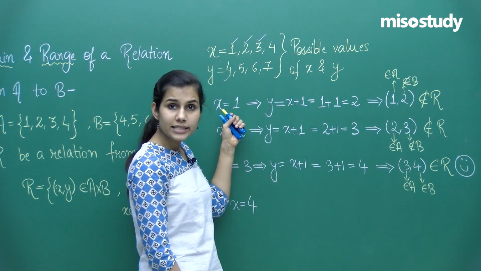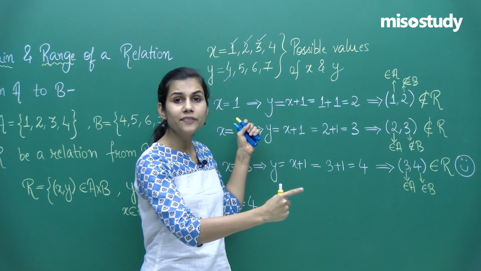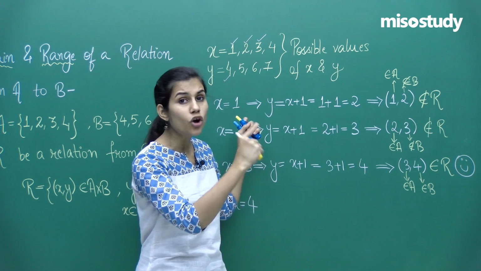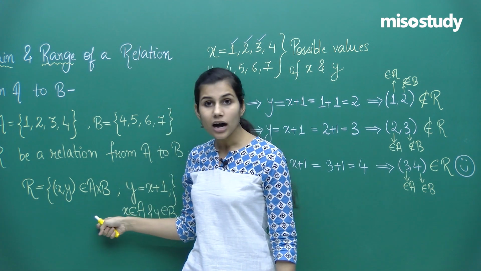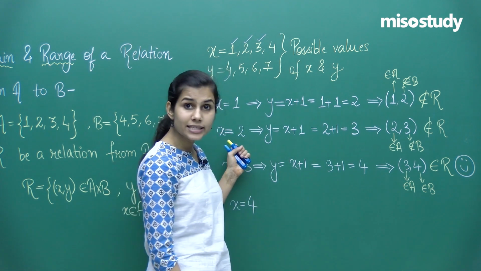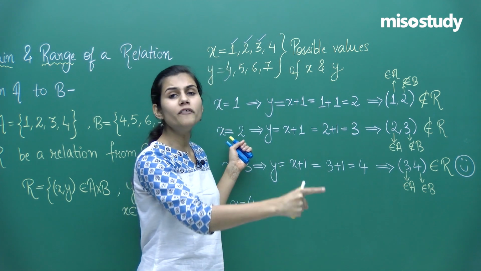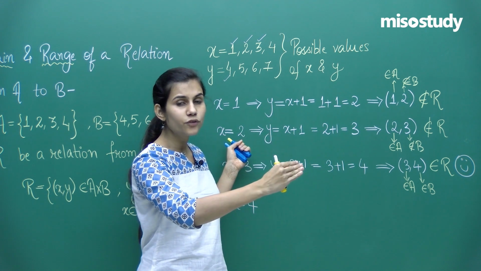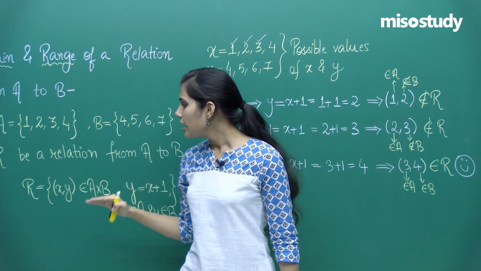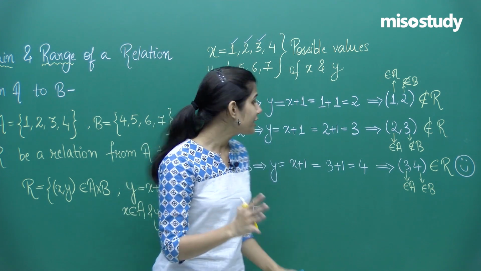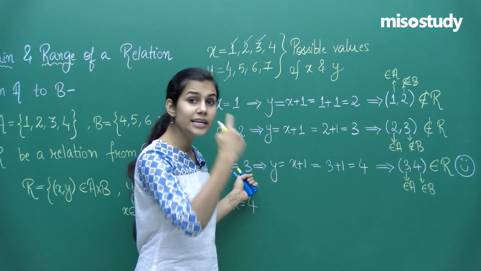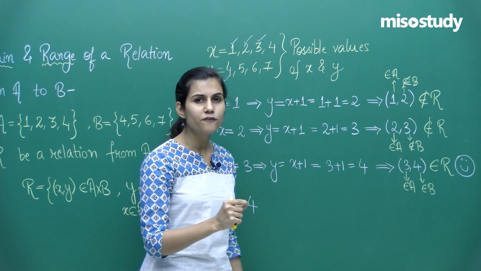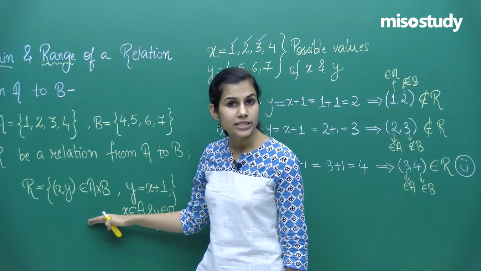Because corresponding to x equal to 1, there is no y in the set B corresponding to which 1 comma y can belong to set R. Corresponding to x equal to 2 also, there is no y in set B corresponding to which 2 comma y, where y is coming from B, is a member of set R. But corresponding to x equal to 3, there is a member in set B which is 4, such that 3 comma 4 comes and sits as a member in set R.